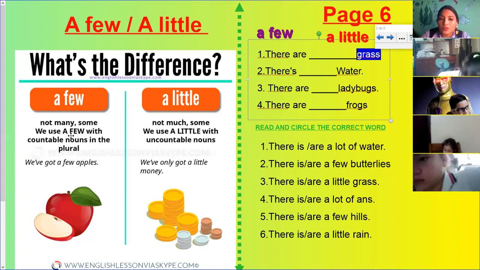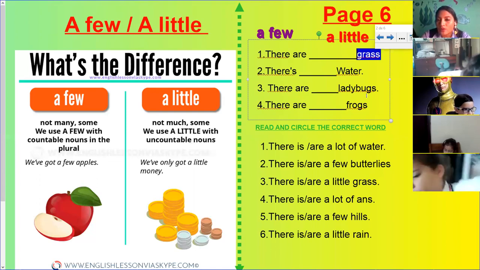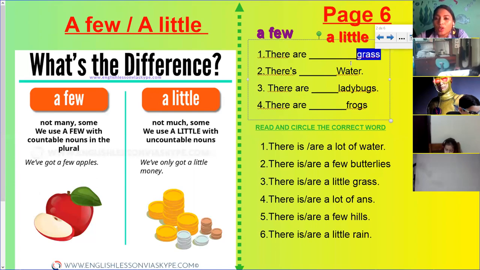Remember that a few is with countable and a little with uncountable nouns. So in the first example, what is the right option, Carlos? There are a few, a little, or a lot of grass. Look at the picture in your book.